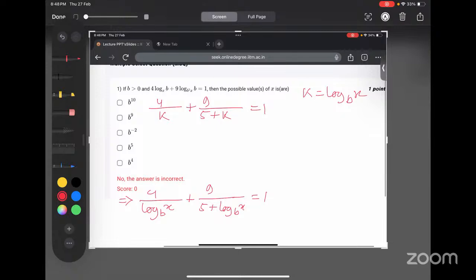Then we will cross multiply them. So 20 plus 4k plus 9k is equal to k into 5 plus k, right? That means 20 plus 13k is equal to 5k plus k square, right?